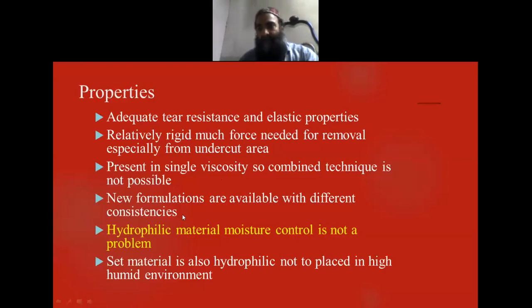So moisture control is not a problem. If there is moisture, nothing to worry. Set material is also hydrophilic, so not to be placed in a humid environment, not to be covered with a damp cloth, etc.